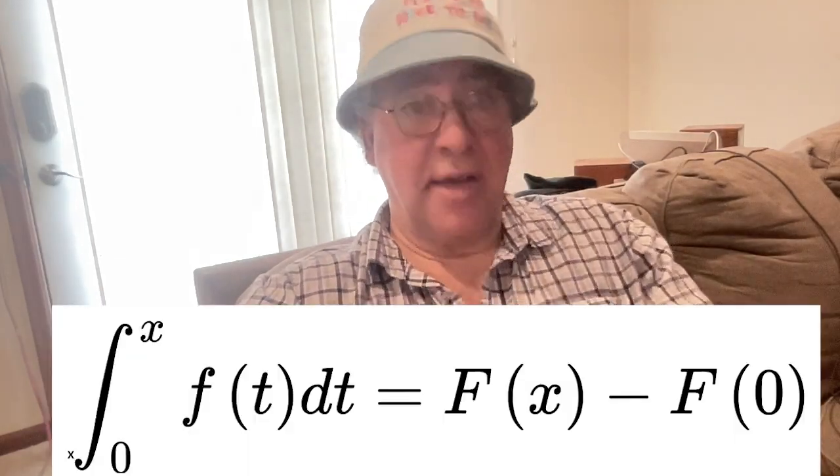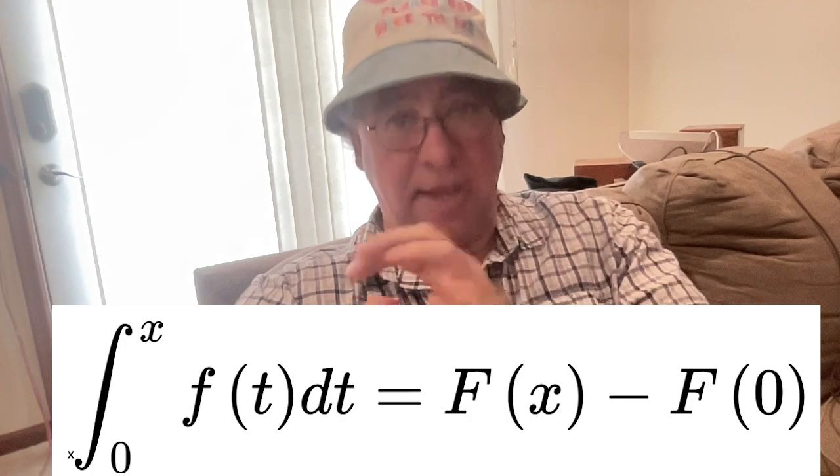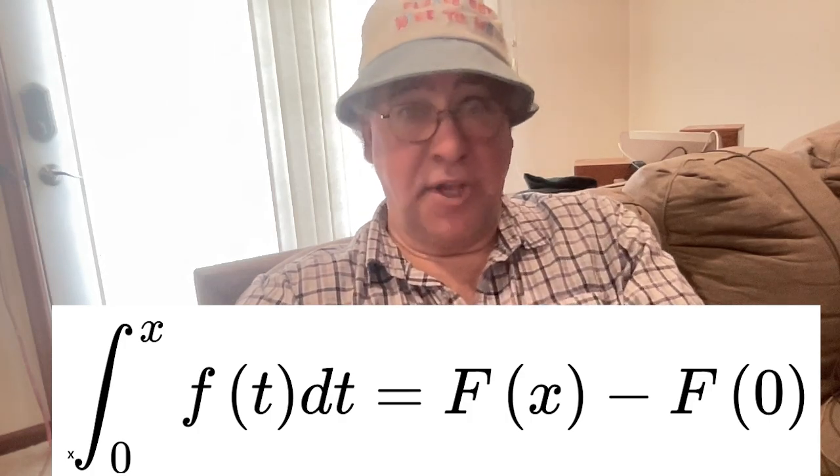Once you've got that, you plug in your x, and you subtract what you get when you plug in 0. So capital F of x minus capital F of 0. If you want the integral from 0 to 5, it's capital F of 5 minus capital F of 0, which is what we did with that sine x plus 1 curve. The capital F of 5 comes from the fundamental theorem of calculus. The capital F of 0 comes from trying to get the right constant. So it's capital F of the number you want minus capital F of 0.